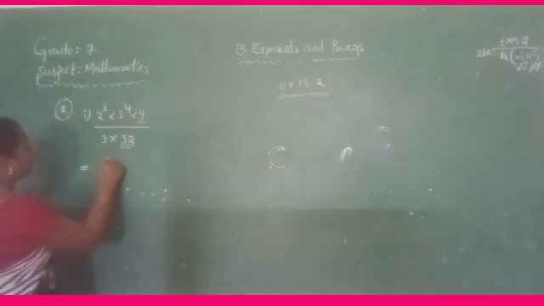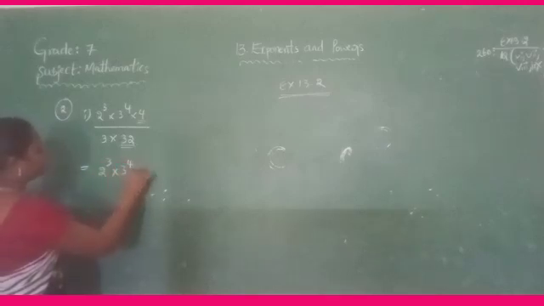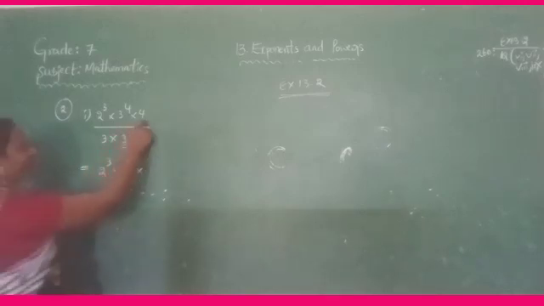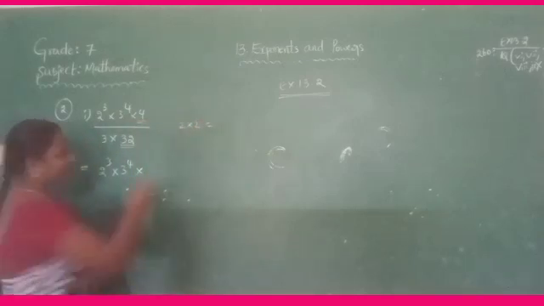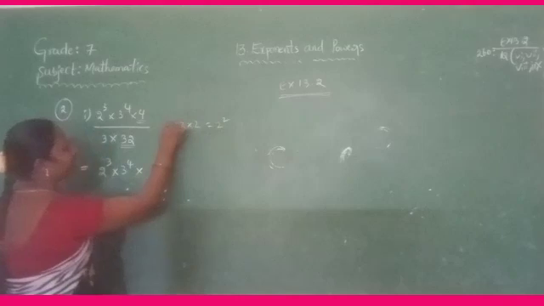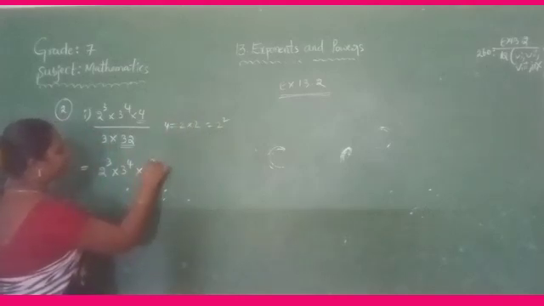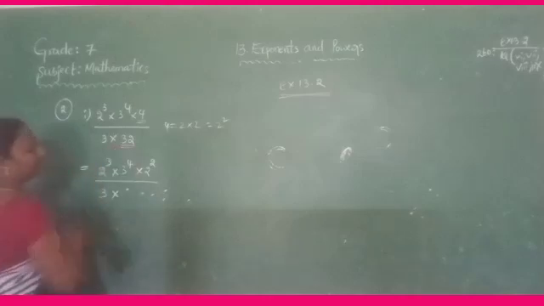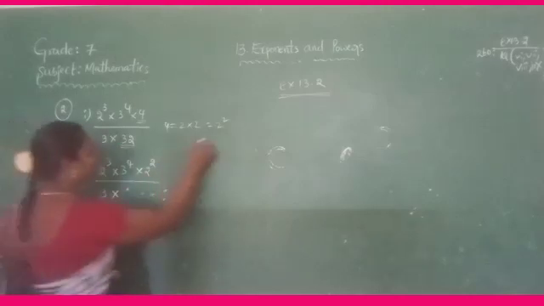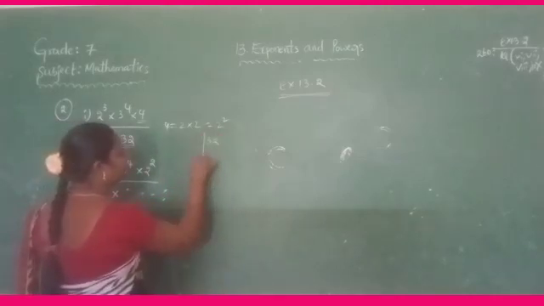So we know that 4 is the product of 2 into 2, that is 2 square. Okay, so 2 square, right? 3 into 32. So we have to find the prime factors.